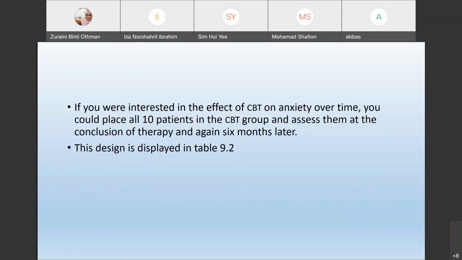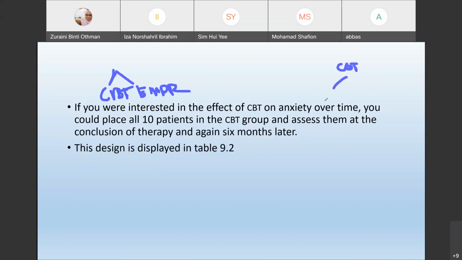Is there any difference? As you go slide by slide, the focus of the analysis of variance is: is there any difference? That's the key question if we do CBT over time. Previously we divided the experiment by two therapies, CBT and EMDR, but here we only focus on CBT.